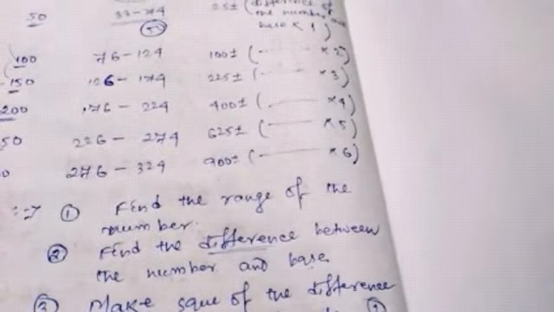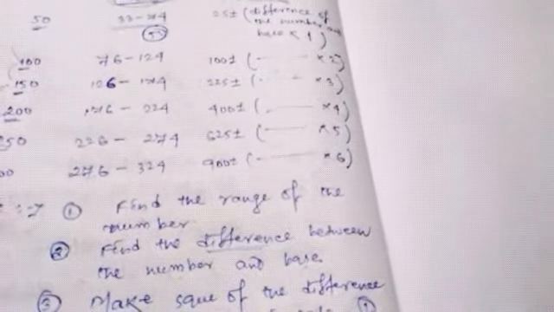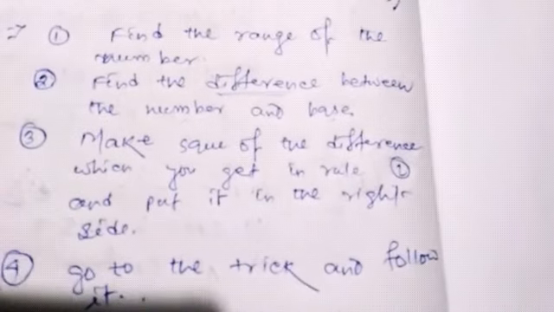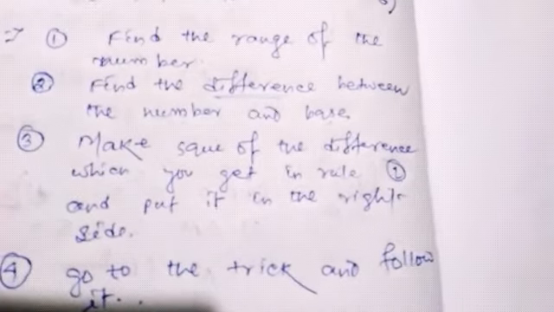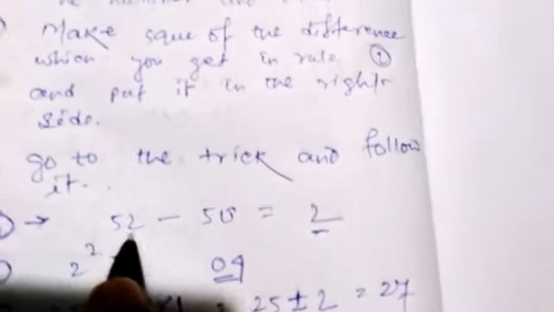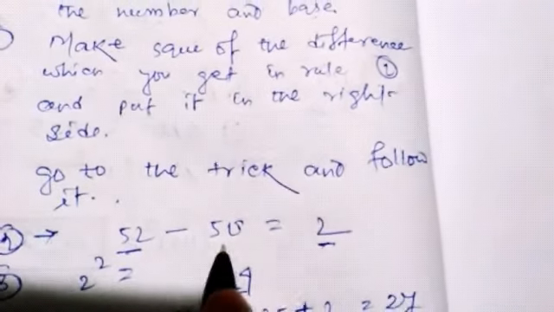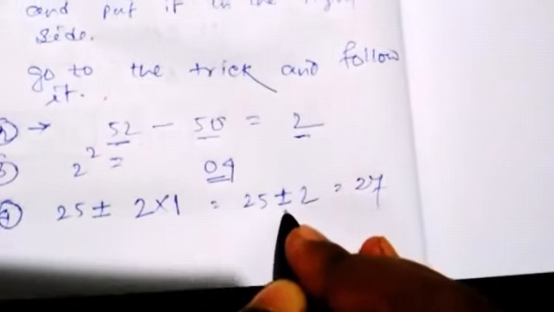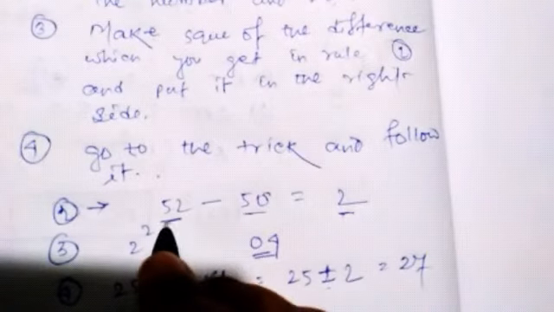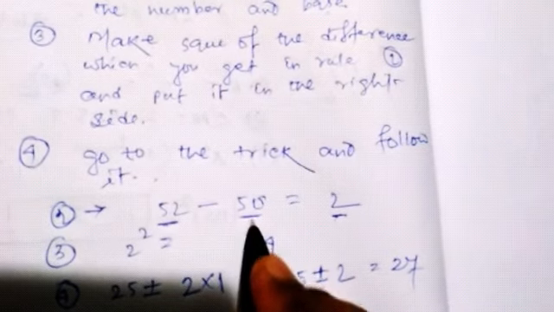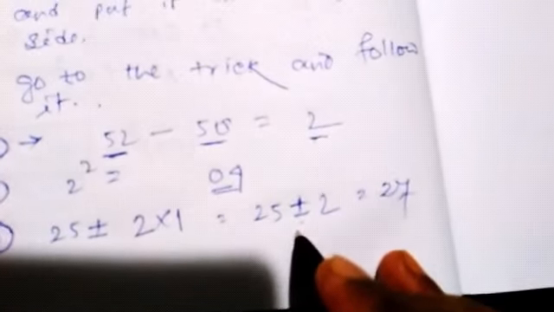That would be 25 plus minus 2. But here it should be only plus 2. It should be 27, because if the number is greater than the base, then we take the plus sign, and if the number is smaller than the base, then we take the minus sign.